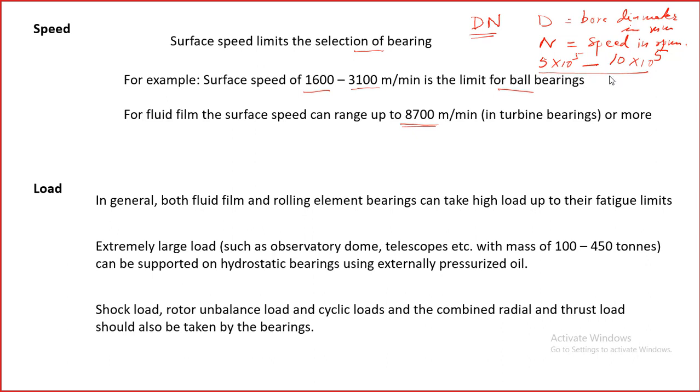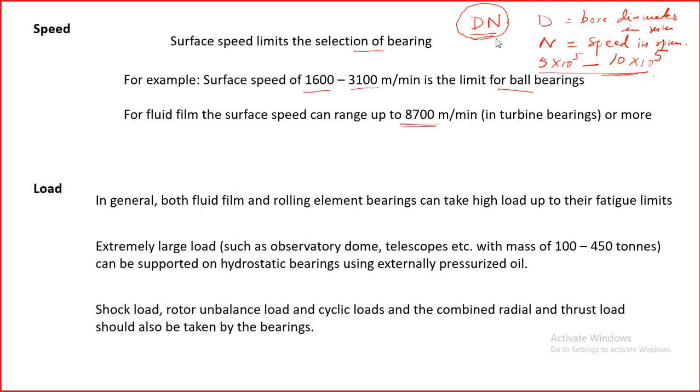So this is the limit for the rolling element bearing. By calculating the dn value, we can find out whether we are within the rolling element bearing range or not. If the range has gone beyond this, then we should use the fluid film bearings.